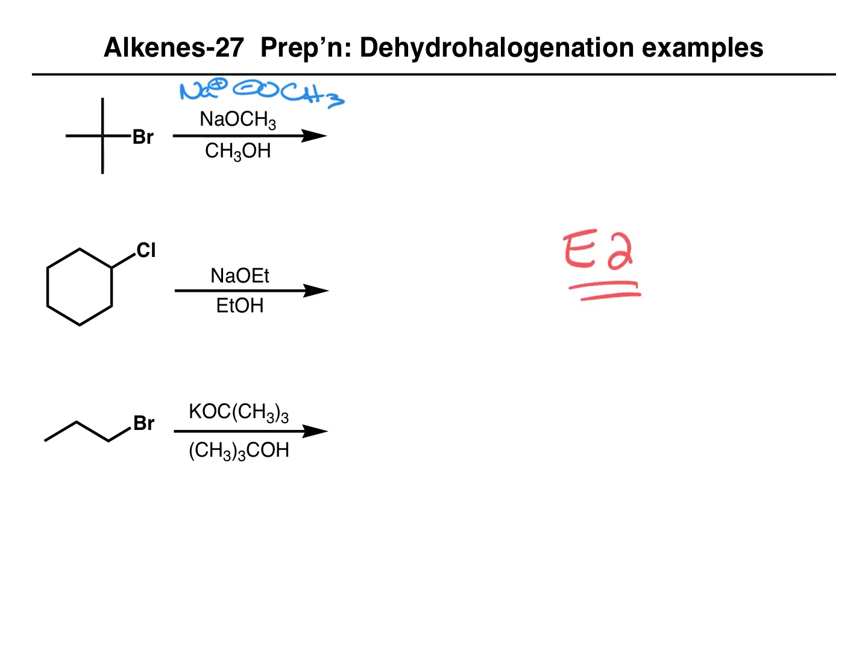The E2 mechanism works for a tertiary or a secondary or a primary alkyl halide. Unlike what we saw with dehydration, where the mechanism depends on the structure of the alcohol, with dehydrohalogenation, the E2 mechanism can occur with any structure of alkyl halide as long as we're using a strong base. But there are other pathways or other mechanisms by which dehydrohalogenation can occur as well.